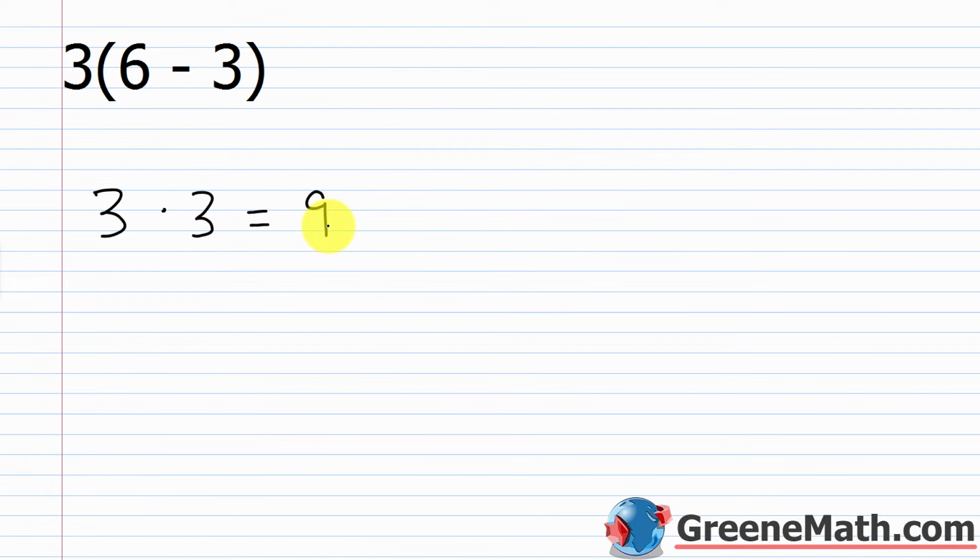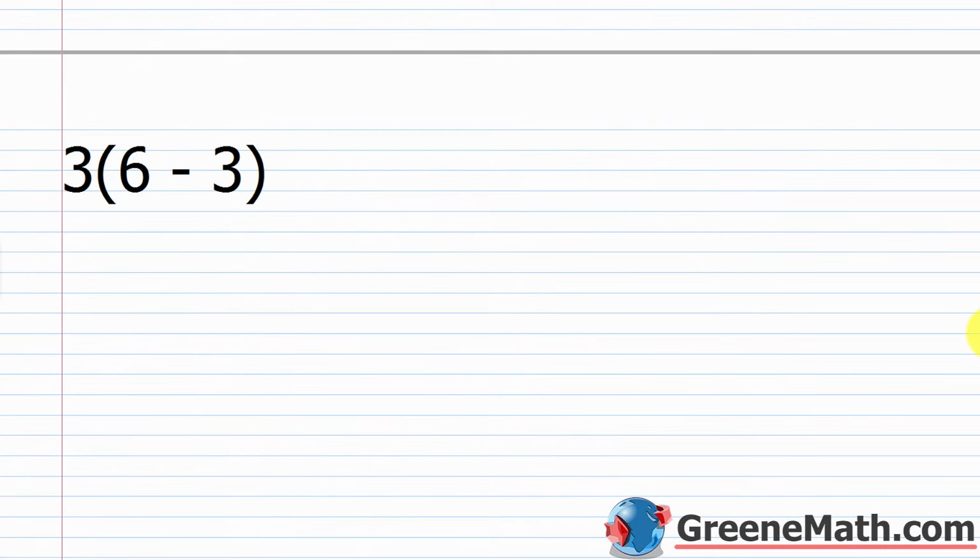But we can use the distributive property to do this as well. Remember, because multiplication is distributive over addition or subtraction. So what I can do is I can distribute the 3 to each term inside of the parentheses. Remember, if I have a single number, that's a term, right? So 3 times 6 would give me 18, but let's write it out like this.